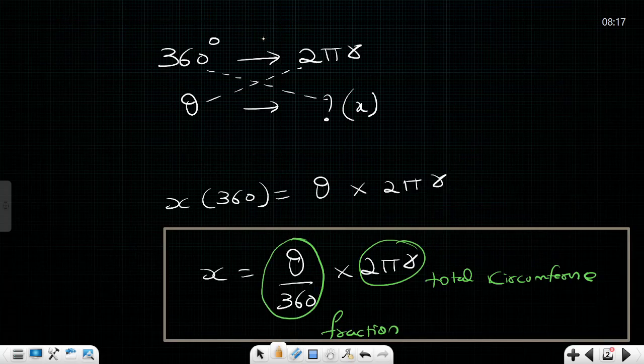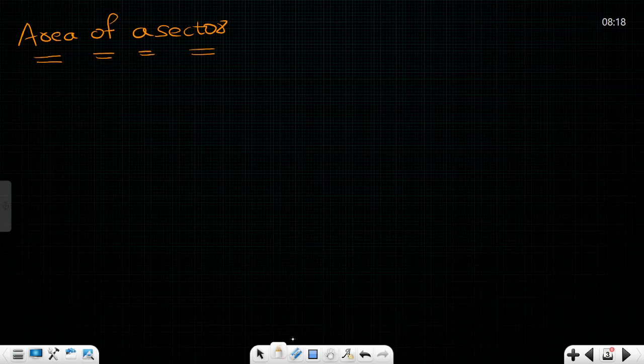Next page I'm going. Area of a sector. Similarly, like how we have calculated the length of arc, similarly we calculate even area of sector.